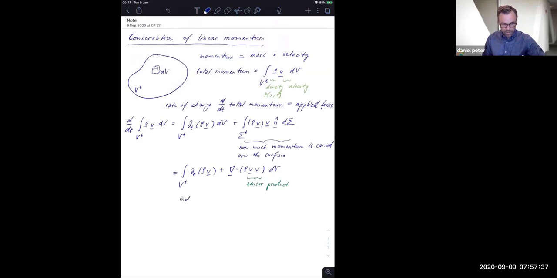So in index notation, this would look like the integral of dt rho v_i, so the i component of the vector, plus then the divergence becomes nabla_j times rho v_i v_j. Again, this here is the tensor product.